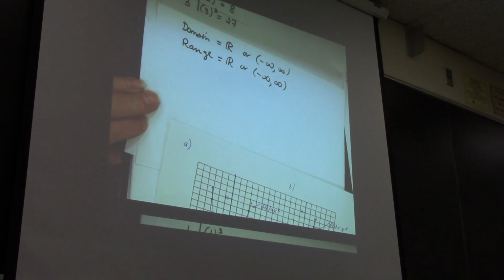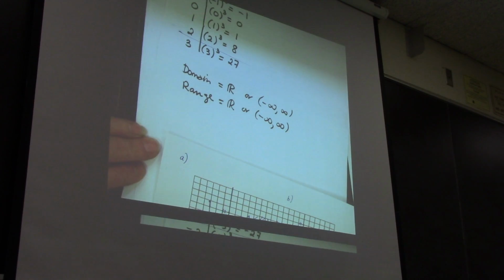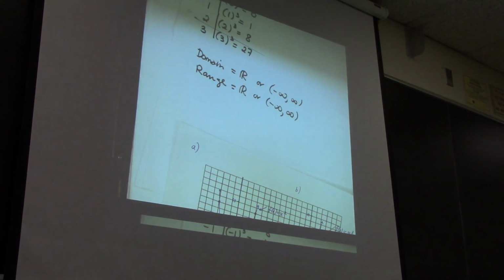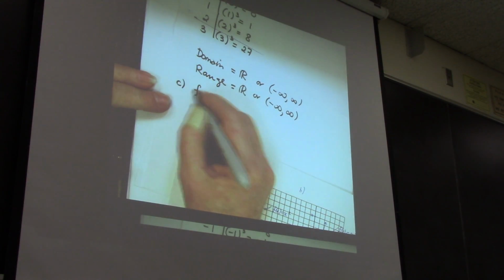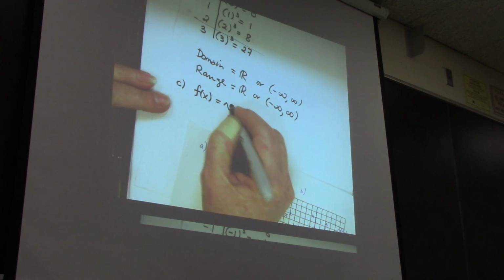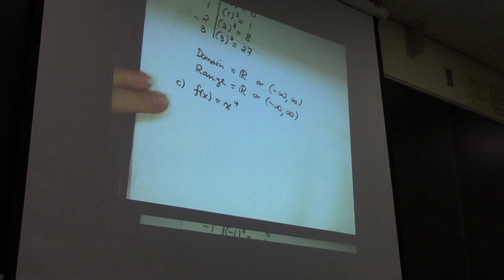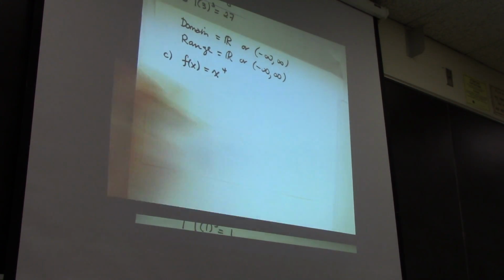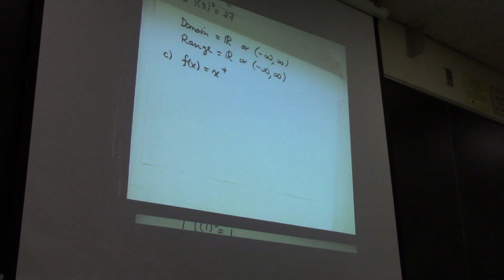Okay, now let's look at f of x equals x to the 4th. Okay, now, probably haven't ever seen this one. This one's graph. Any symmetry? Symmetry with respect to what?